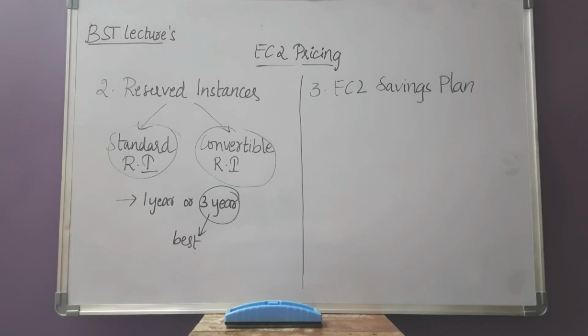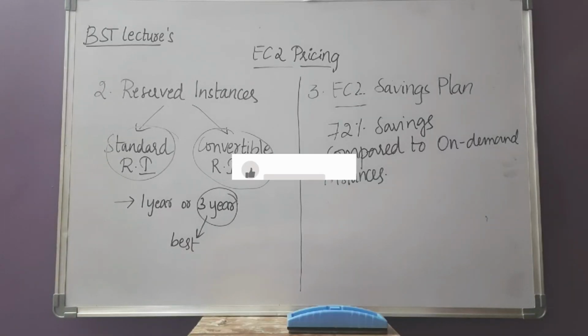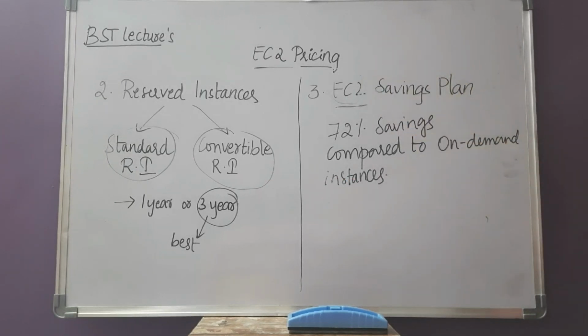Now let us see the EC2 Savings Plan. Okay, the third one is the Amazon EC2 Savings Plan. Amazon provides a wide variety of savings plans. In the same way, it also provides them for EC2 instances.